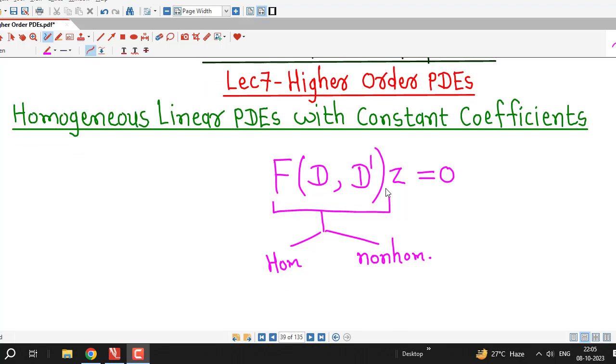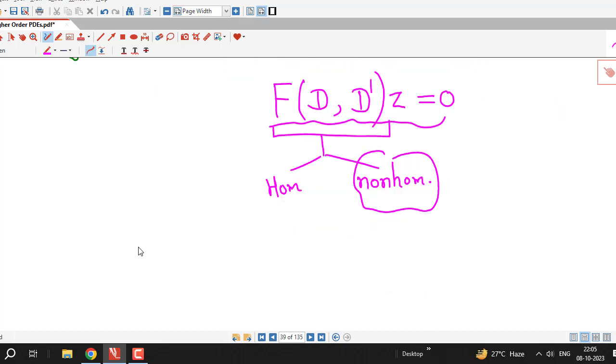In the previous lecture, we have seen how to obtain the general solution of this type of homogeneous linear PDE with constant coefficients, if f(D, D') is a non-homogeneous function of D and D'.